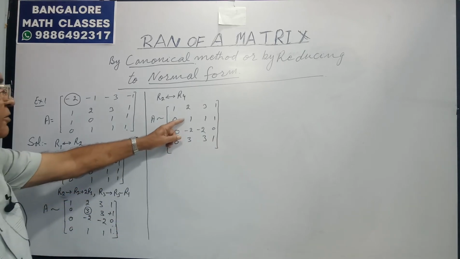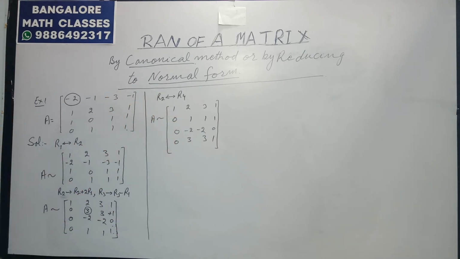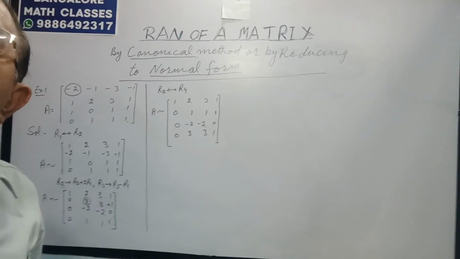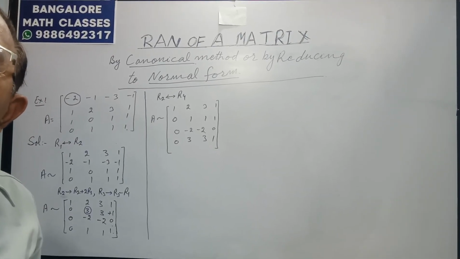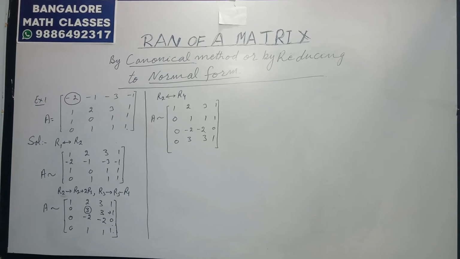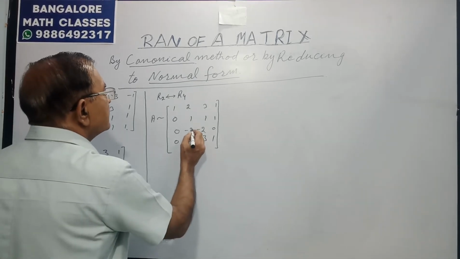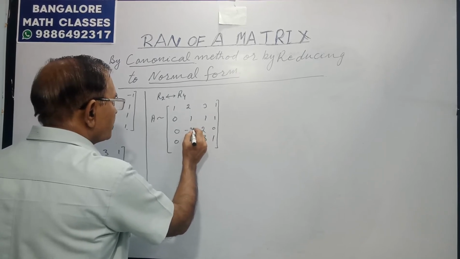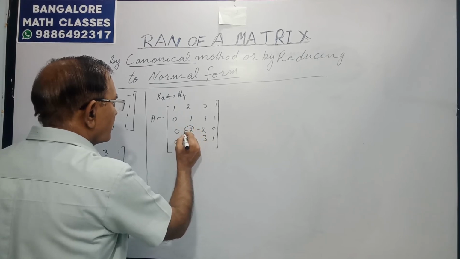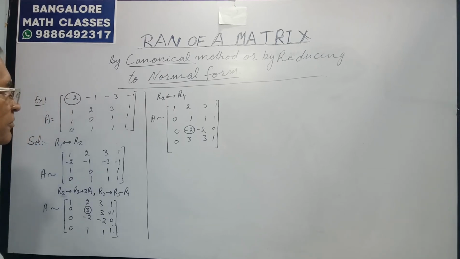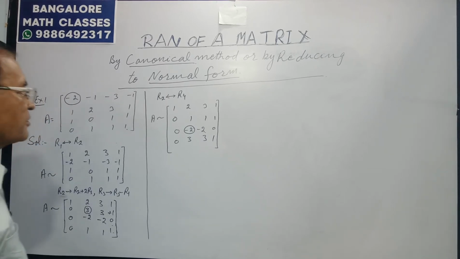We have got 1 here. So like that we can do it. See the next one. Here I want 0. How can I do that?